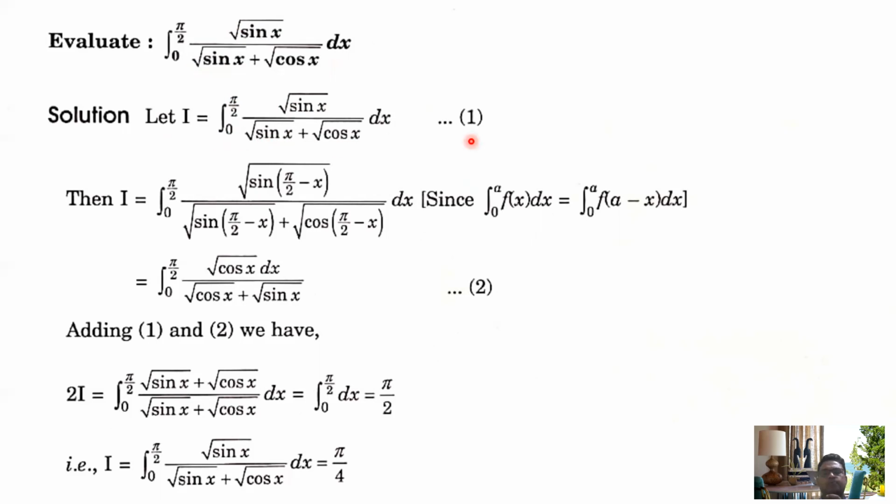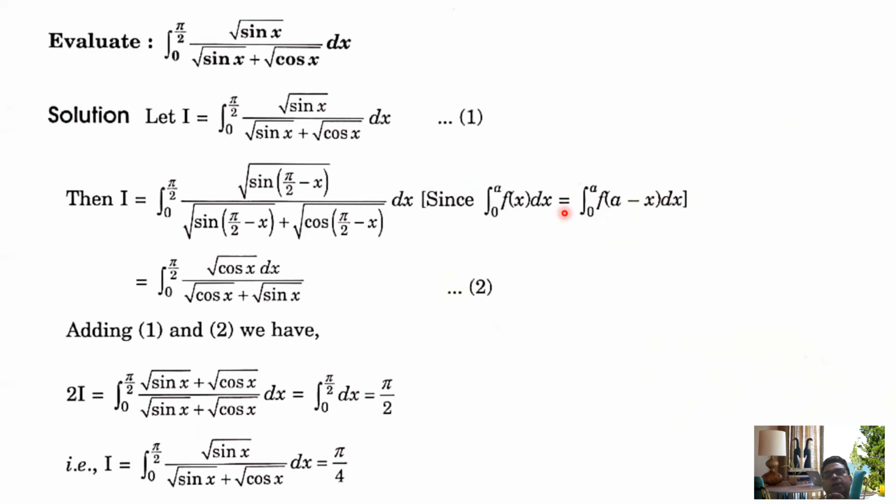This is number 1. So already you know from the property, integral 0 to a f(x) dx is equal to integral 0 to a f(a minus x) dx. Here a is equal to pi by 2.